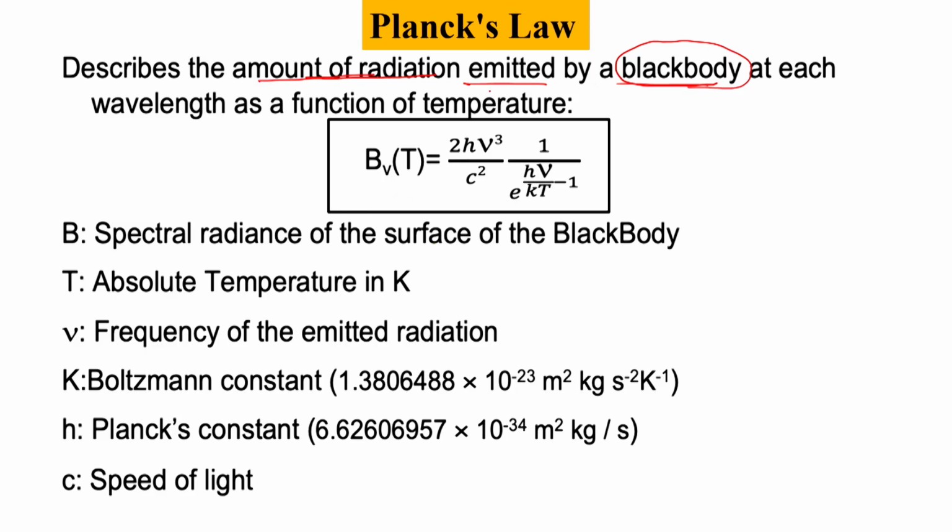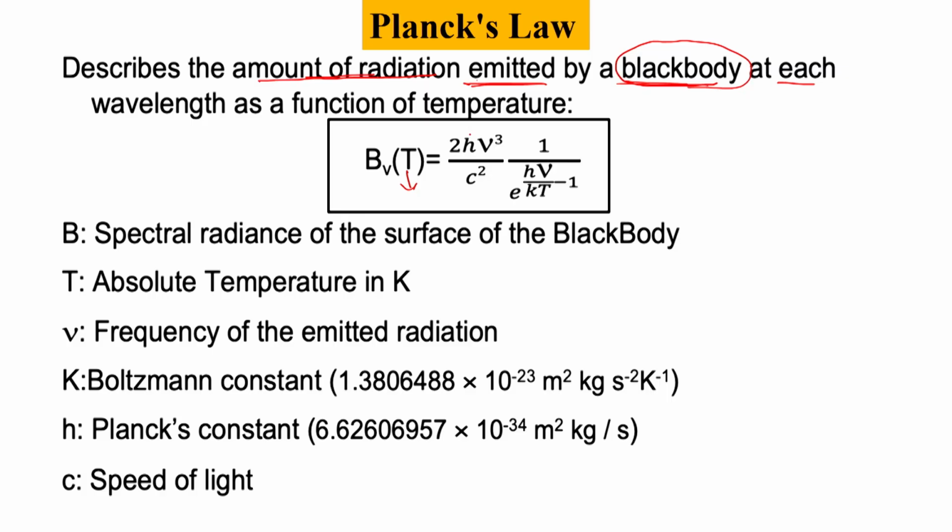Planck's law describes the amount of radiation that is emitted by a black body at each wavelength as a function of temperature, and the only variable here is temperature.